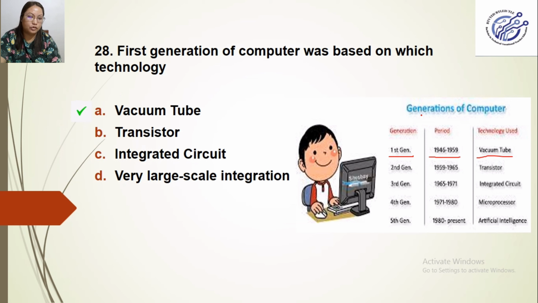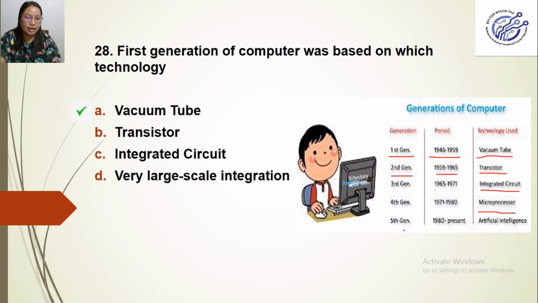Pero tingnan po natin yung ibang klase din ng computer natin. So, sa second generation natin, from 1959 to 1965, yung technology na gamit po niya ay transistors. Sa third gen, from 1965 to 1971, gumagamit po siya ng integrated circuit. So sa fourth generation, from 1971 to 1980, meron po siyang technology na ginagamit na microprocessor.